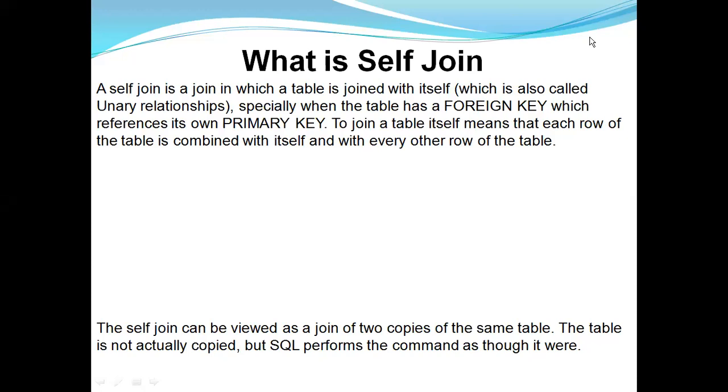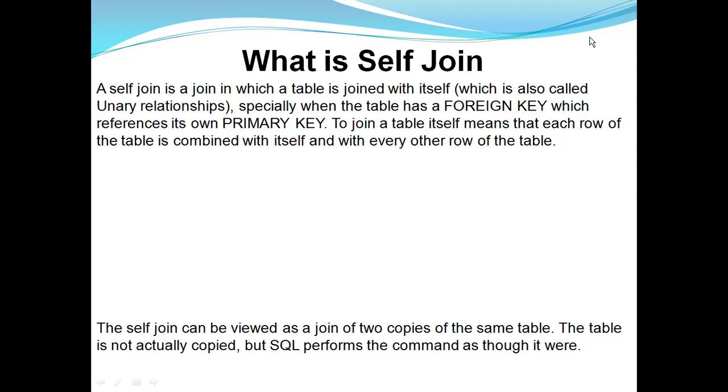Now, one thing is important: for joining purposes, you have to have two tables. So self-join says that the same table has to be joined with the same table. So how can we make that possible? It's very simple. We can use the same table as a left table with a different alias, a different temporary name, and the same table as a right table, but with a different temporary name.